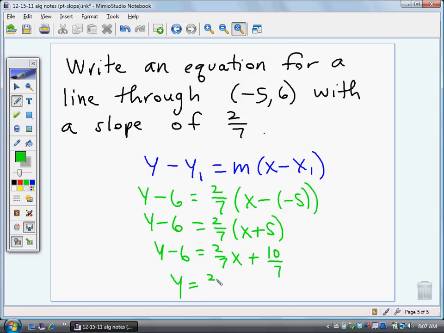Okay, when I add 6 to each side, I have 7 3/7. And so now I've just taken my point-slope form and gotten my equation into slope-intercept. This is just a second way to write equations in slope-intercept form, only this time we're using points.